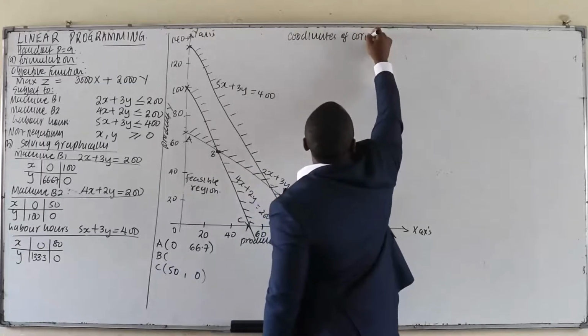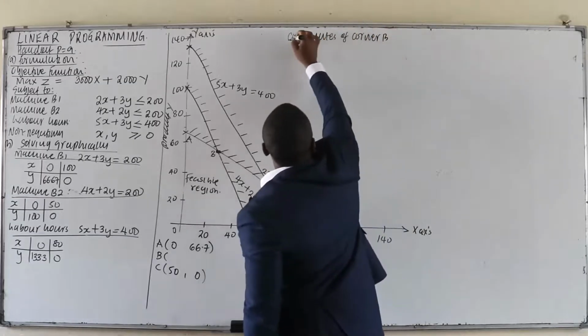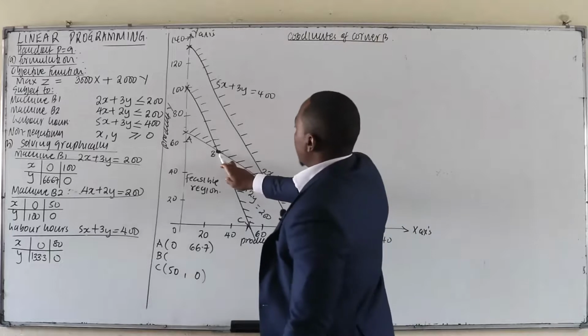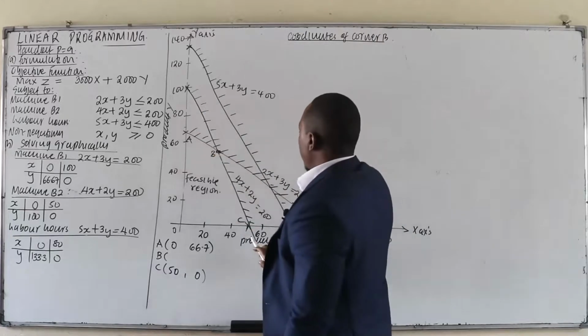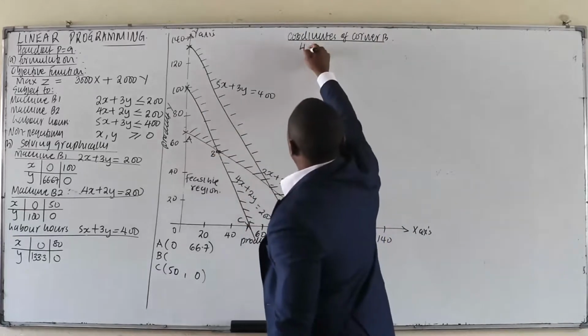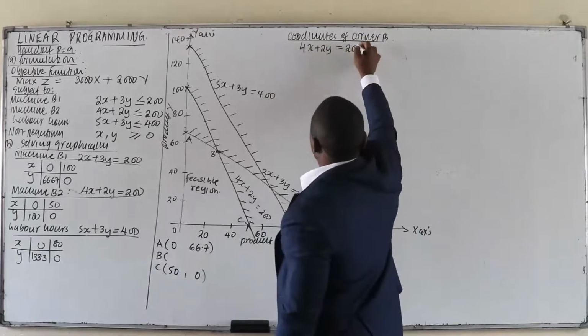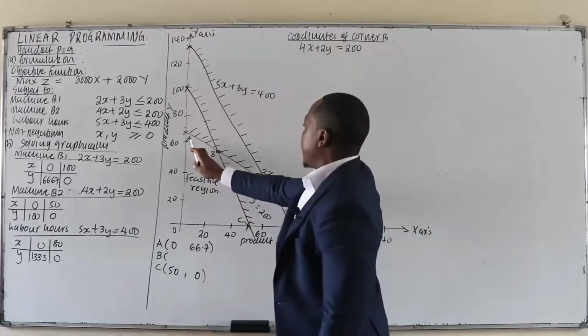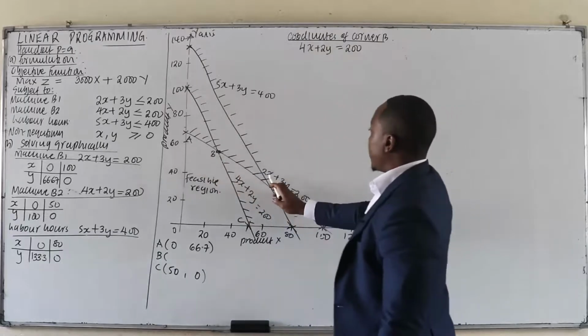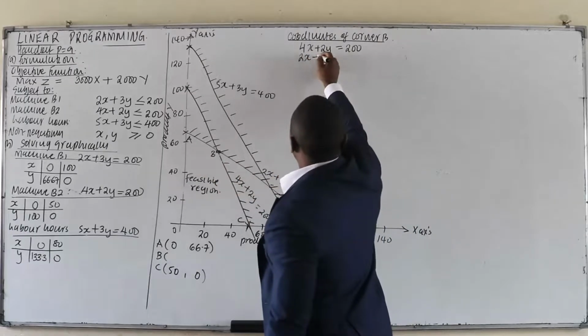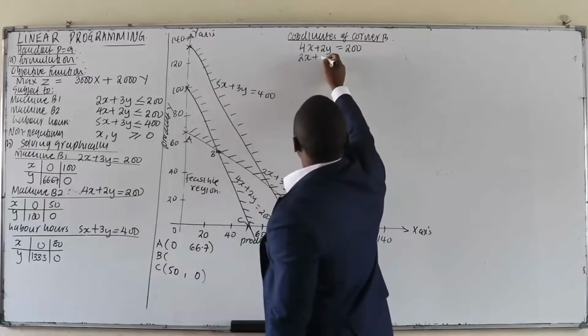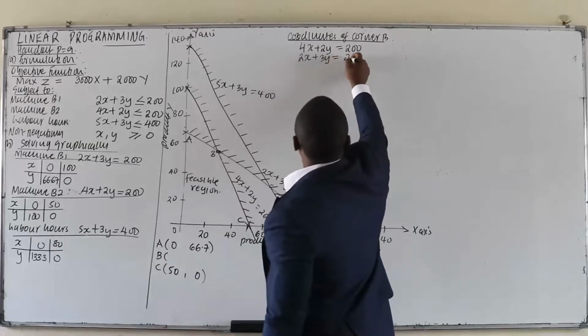Coordinates of corner B. This corner B is made up of two equations. We have 4x plus 2y equals 200, and it's also made up by this equation, 2x plus 3y equals 200.